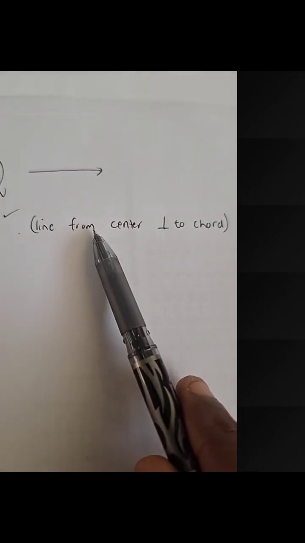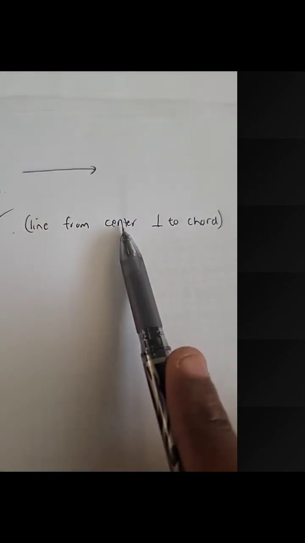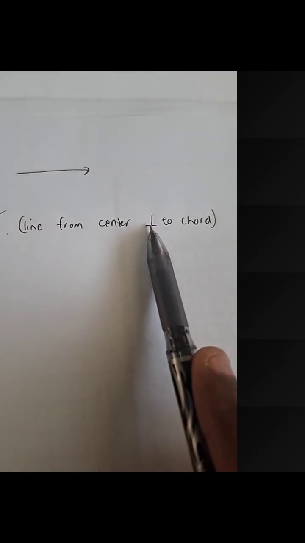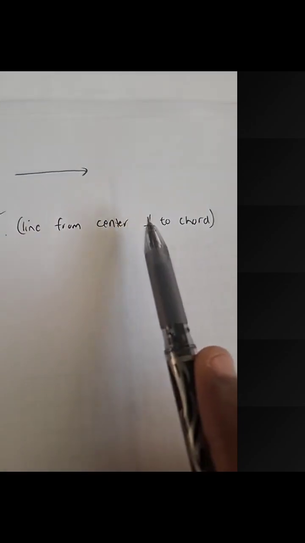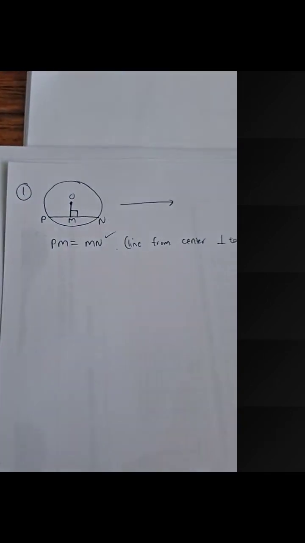This is the reason that they have officially in the document that is used when you do Euclidean geometry. Line from center, this symbol is used to denote perpendicular. Line from center perpendicular to chord. That is how we utilize that theorem. Let's look at the other one.